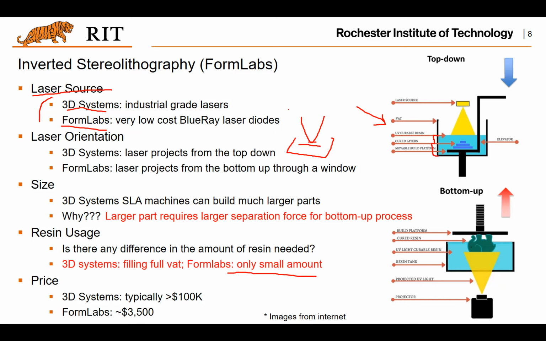That's it. You don't need to have the whole part inside the resin all the time, which is the case for the 3D Systems process. So the Formlabs process has an advantage in terms of the amount of resin. Any question for the difference?